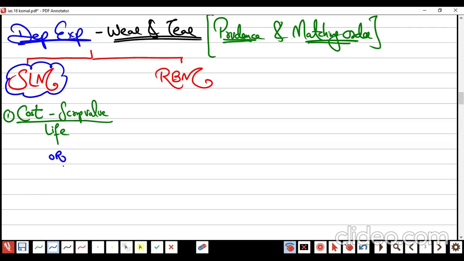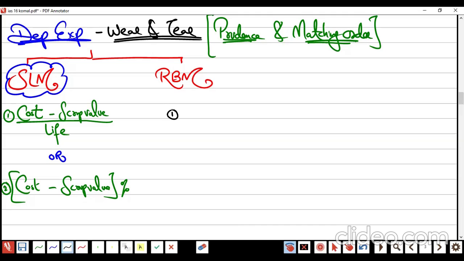There is another formula. There are two formulas of straight line. The second formula from your childhood studies: cost minus scrap value into percentage, which is known as the rate of depreciation. The characteristic of the straight line method is that it always produces the same result. Any problem? No. Okay.